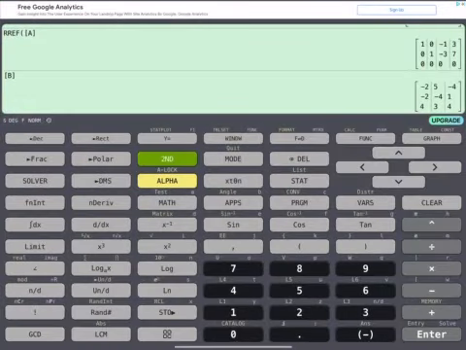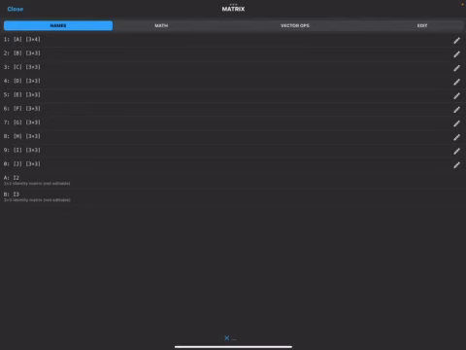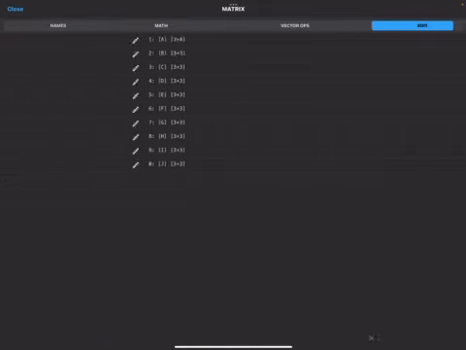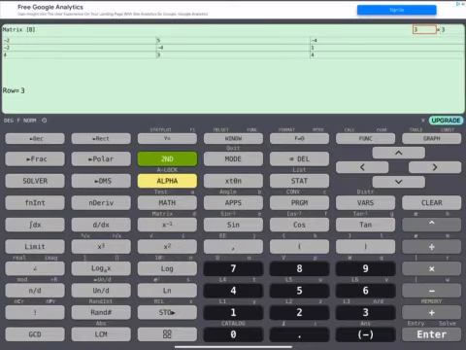So let's go back there, and we're going to go to matrix. And we're going to edit matrix B so that our first column is going to be -4, and then a +4 on the second row of the first column. And the last row of that first column is going to be 0. All right, enter.